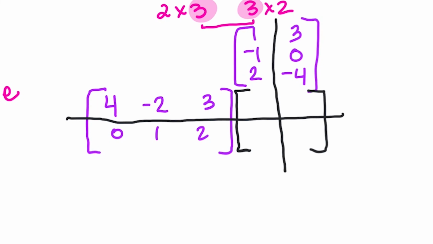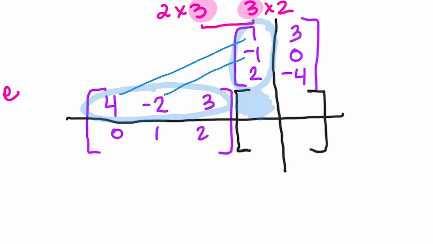For the first entry, we're going to use this row with this column. But you'll notice there are 3 numbers. So that means we have to do 4 times 1, add that to -2 times -1, add that to 3 times 2. So that would be 4 plus 2 plus 6, which gives us 12.